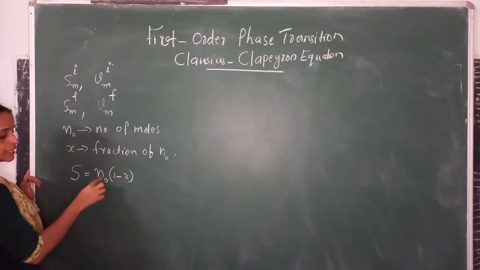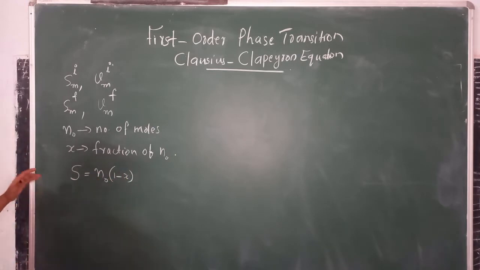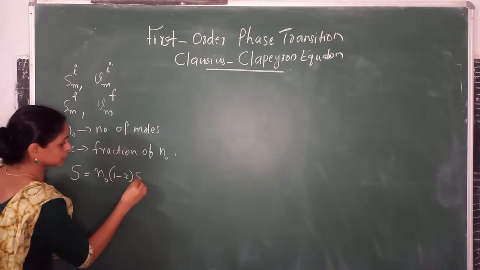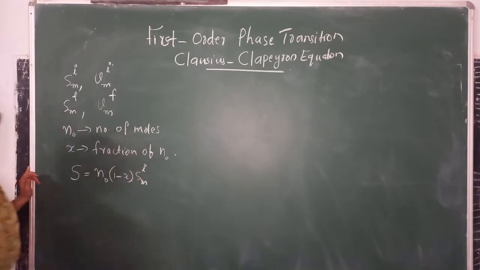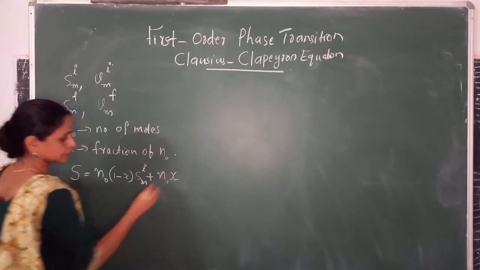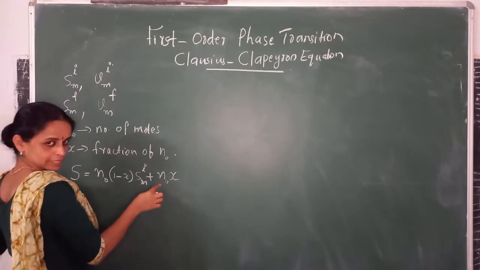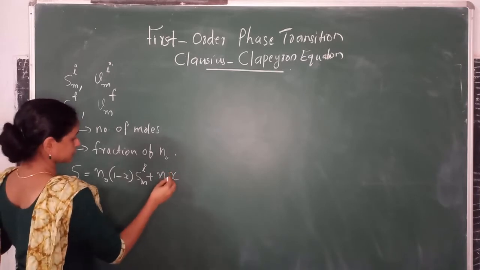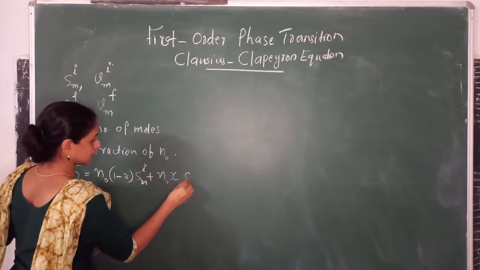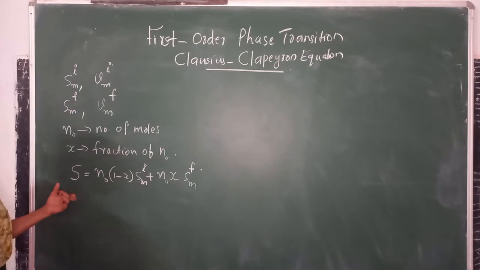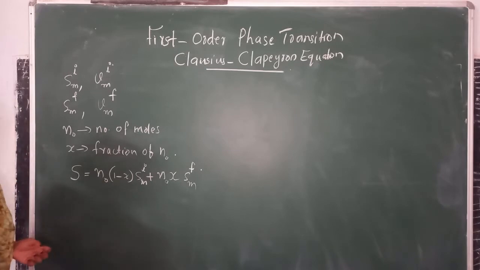So the fraction is n0 into 1 minus x, that is n0 minus n0x. So S equals n0 into 1 minus x into SMI, plus n0 into x into SMF. This is the total entropy at a particular moment since both phases are present.